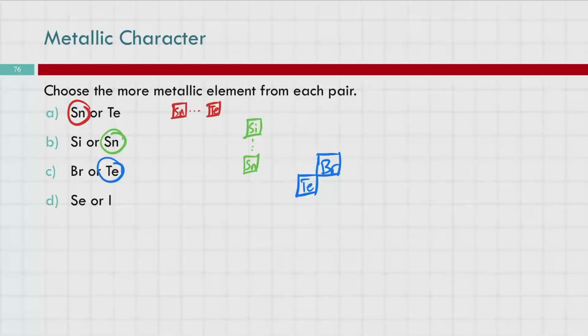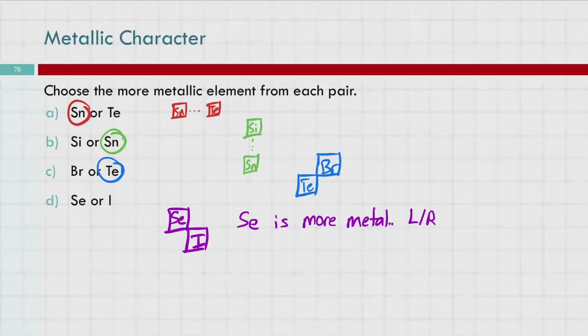Then we got Se or I. The shrugging emoji. But bigger left, right. Which one wins left, right? Se is more metal, left, right.